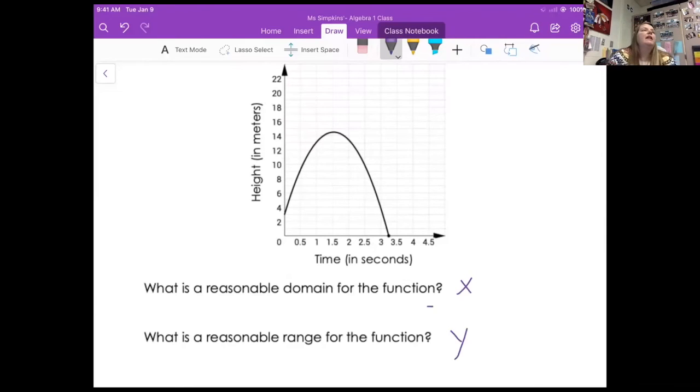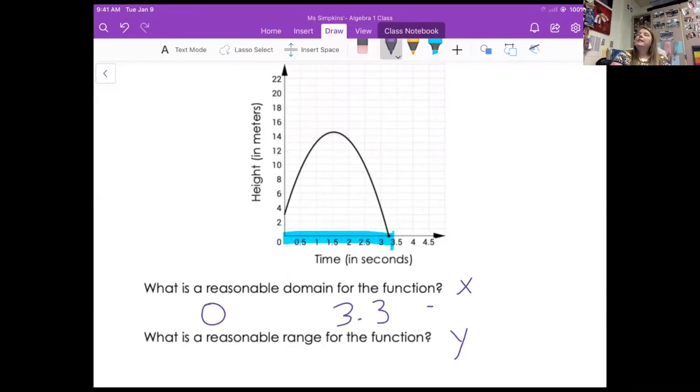When we're talking about a reasonable domain, we want to describe all the possible X values for this graph. So the X values go all the way from 0, and our X values end right here when that ball hits the ground. And that is between 0 and, let's call it 3.3.